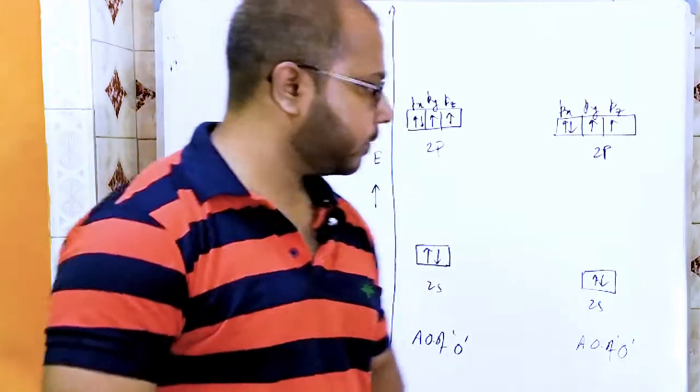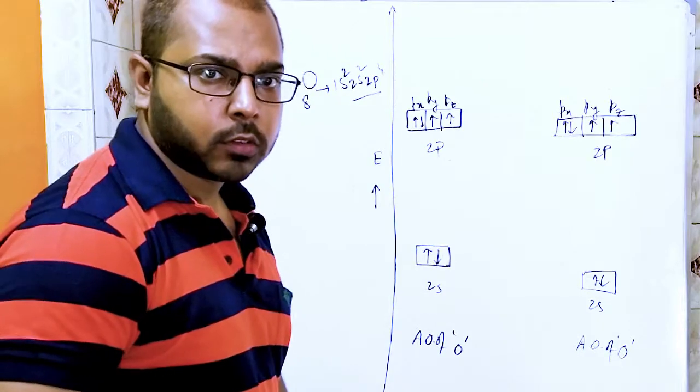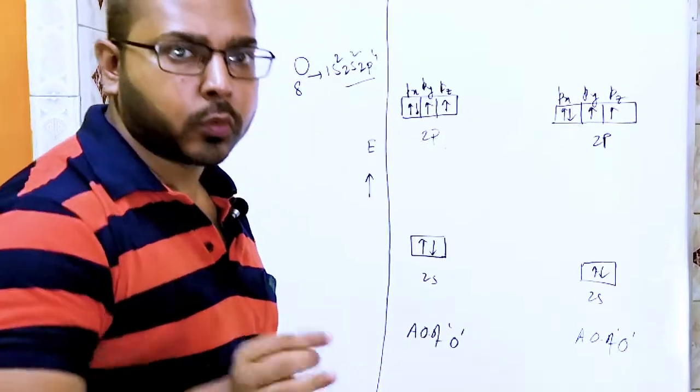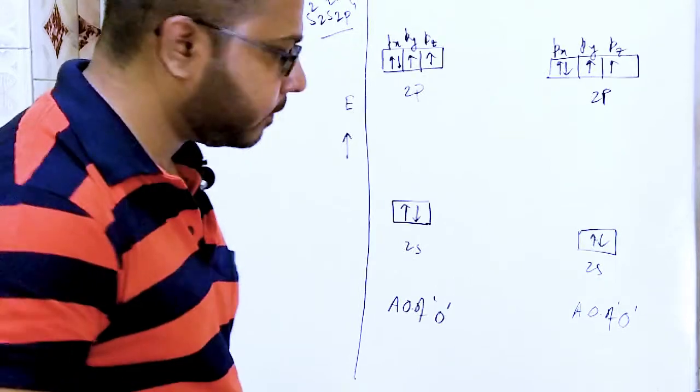Okay. So what is going to happen now? O plus O, so we are going to draw the MO portion.